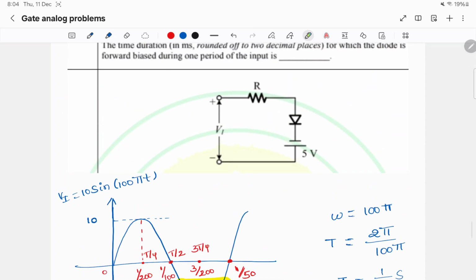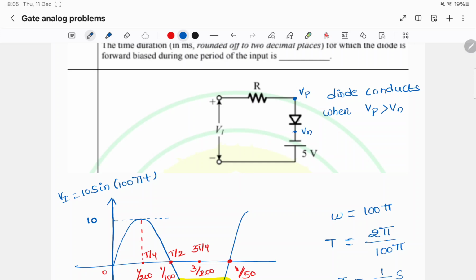And the diode conducts when Vp is greater than Vn. Let us say this P side voltage is Vp, this voltage is Vn.